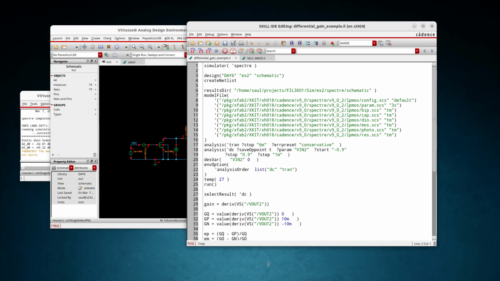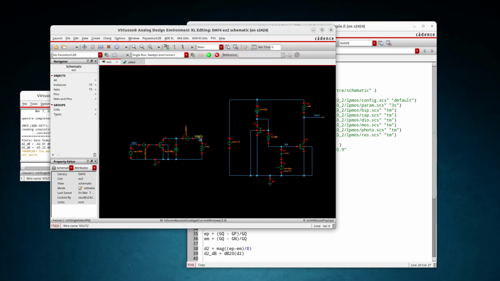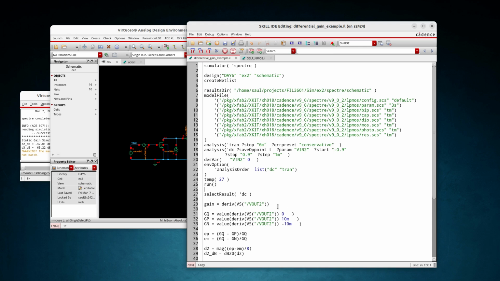And in this script I will run a DC and a transient simulation, and I will basically differentiate the output voltage that we have here, in order to get the gain.